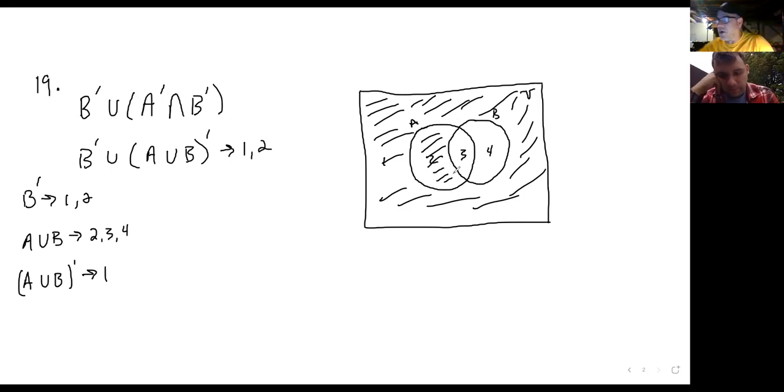So on MyMathLab, once you've done this work, you know what to shade. Take your cursor, left click inside the Venn diagram, you'll get a toolbar, and you have what looks like a paint tool on that horizontal toolbar at the bottom. If you scroll over it, it says region shading tool.